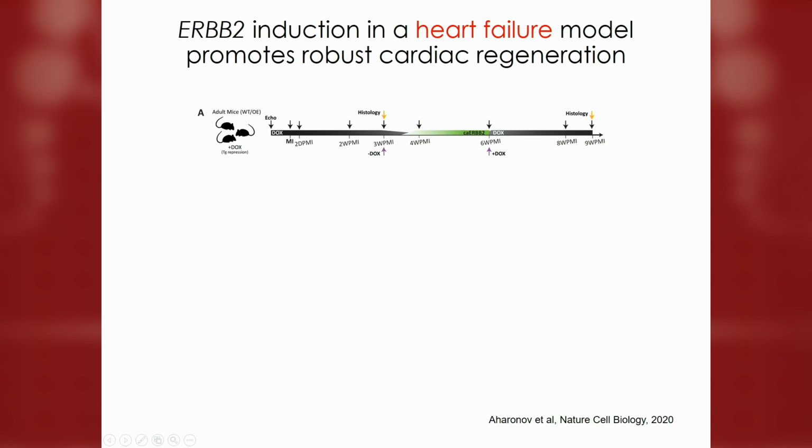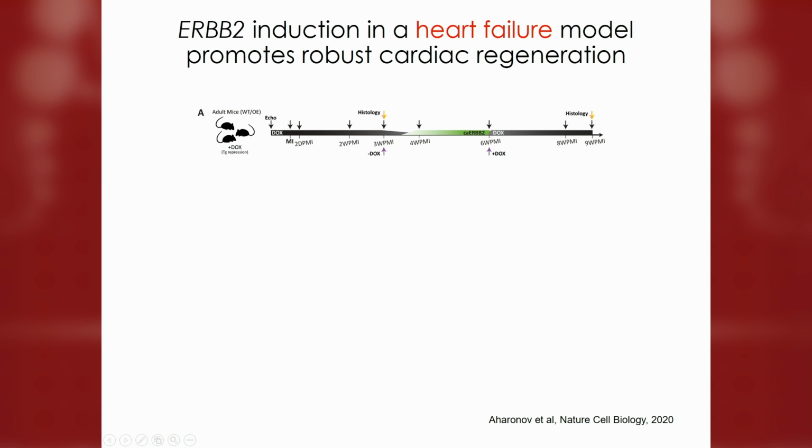So let me focus a little bit on our recent study on a model of heart failure. In this case, we are doing an MI in an adult animal, but then we wait roughly 3.5 weeks until we turn on the ERBB2 signaling for roughly 2.5 weeks. This is the window, the green window here.